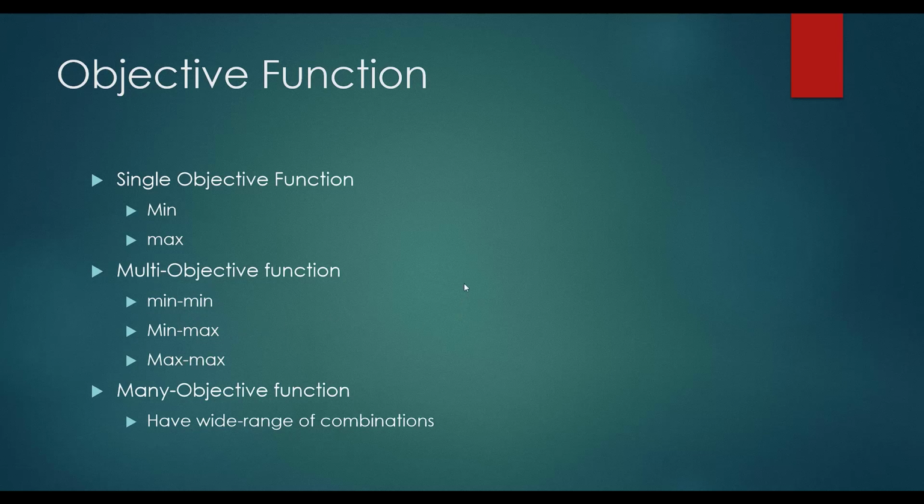In new trends, in most real-world cases, we have many objective functions. This kind of objective function is quite practical, but really complicated to solve. Once we have more than two objective functions, we say we have a many-objective problem, and there are some approximation approaches to solve it.